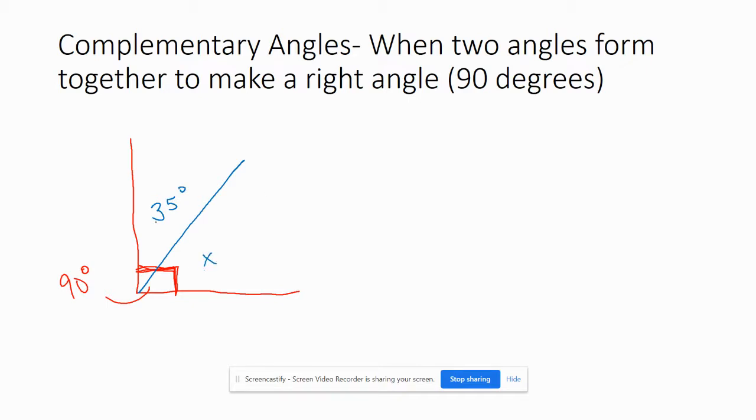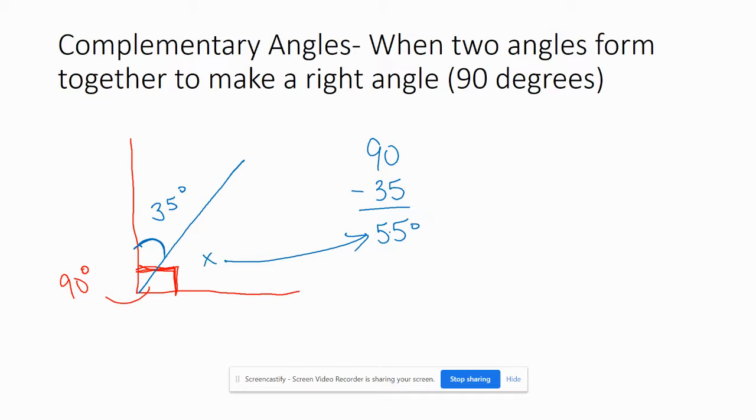So since this angle is 35 degrees, this angle has to be whatever 90 minus 35 is. Okay? X has to be this. Whatever 90 minus 35 is, because the whole thing is 90. This section is 35. This has to be 55 degrees.